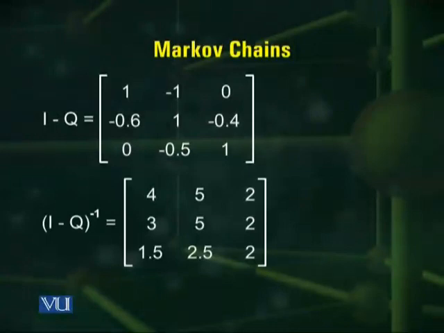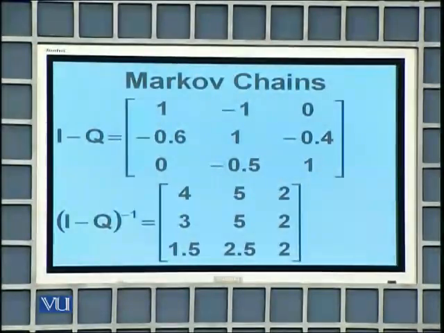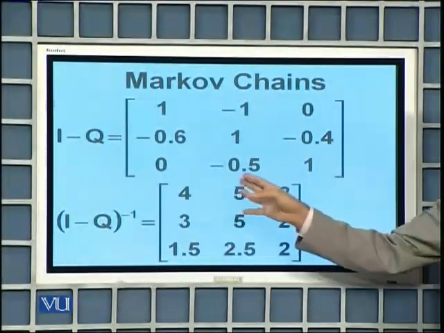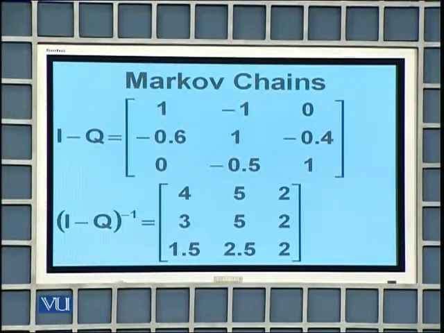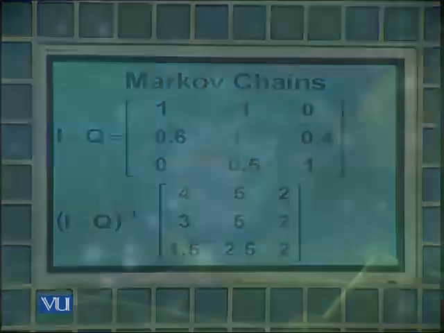This is I minus Q, and below that you can see I minus Q whole inverse. Then these numbers represent the average values of visits to different transient states before the Markov chain gets absorbed in the recurrent subclass.